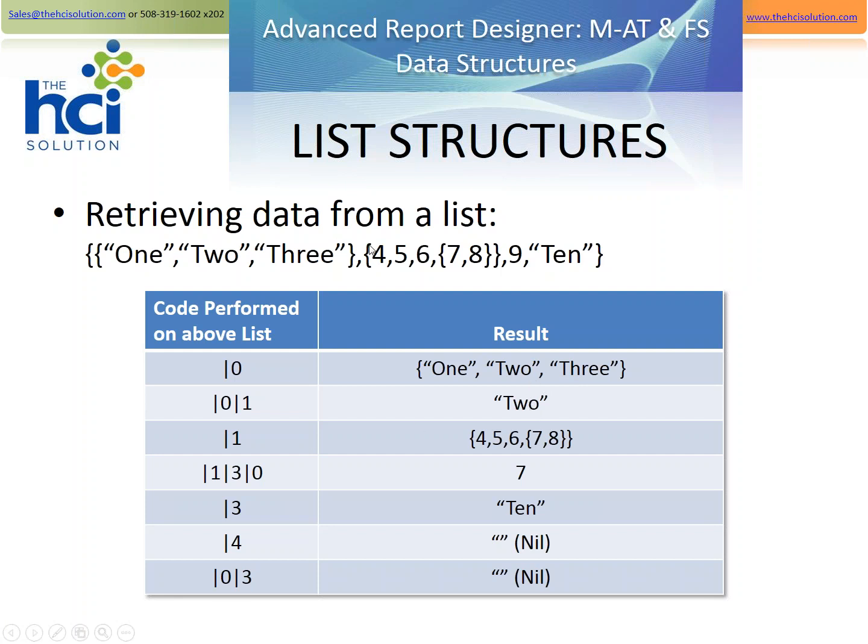If I said, give me piece 1 of the larger list, this list set would be returned, the 4 through 8.